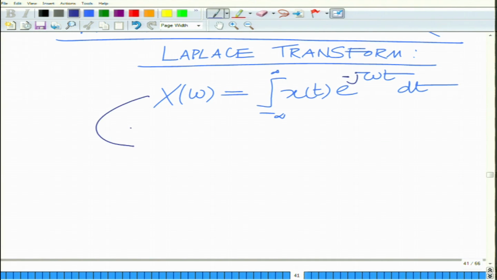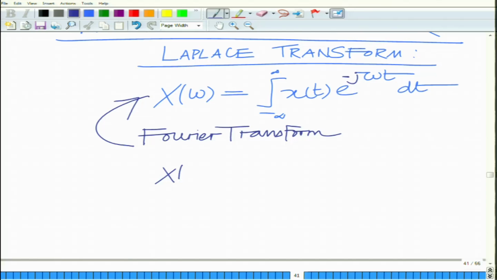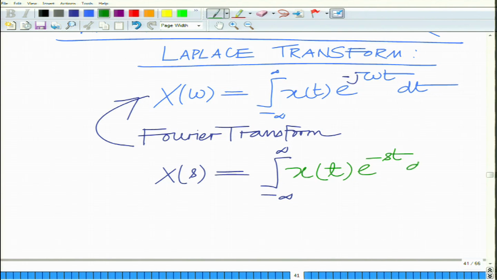And remember the Laplace transform is given as the integral from minus infinity to infinity of x(t) e raised to minus s t dt. Okay, that is the Laplace transform.